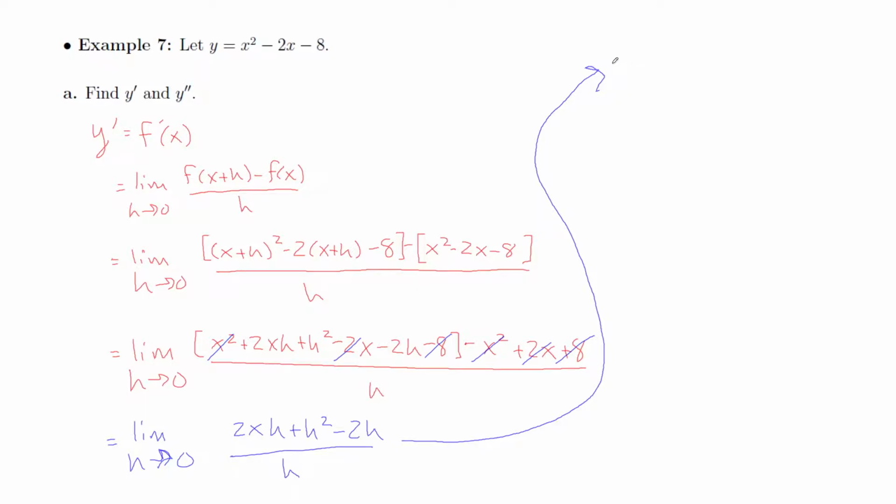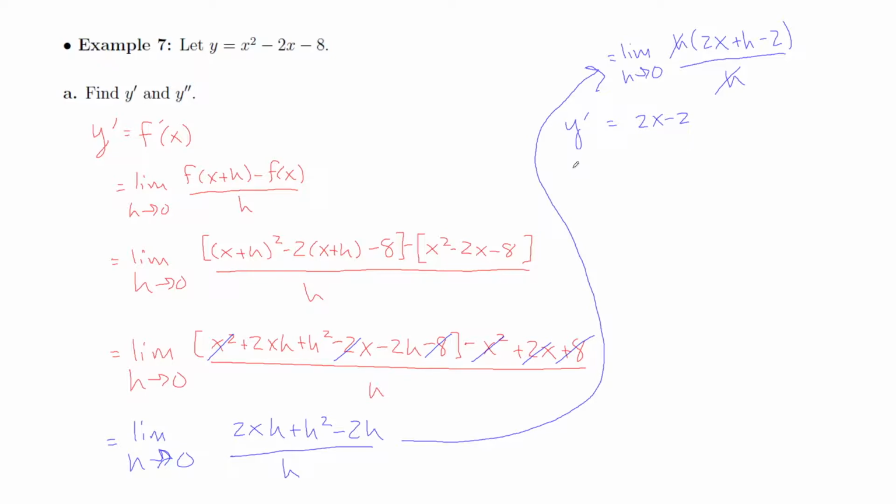So this is going to be equal to the limit as h goes to 0 with h factored out on top, leaving us with 2x plus h minus 2 in there. And then my h's cancel. And when I send h to 0, of course, that term goes away, and I'm left with just 2x minus 2. So we have y prime is 2x minus 2.